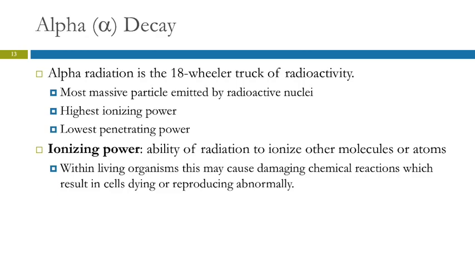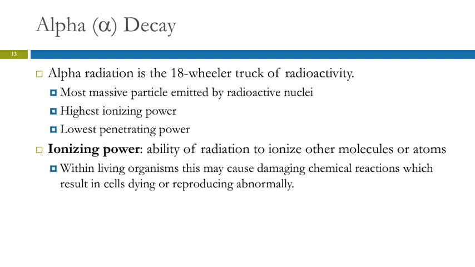Is that going to mess up the chemical reactions occurring in your body? Yes, it's not good for you. Something that can ionize molecules can cause damage to living organisms. It damages chemical reactions and can result in cells dying or reproducing abnormally. It's just not good for living things.